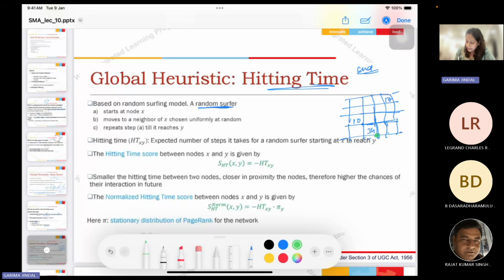Maybe at this junction I decide to go in the forward direction. At this junction I decide to go left. At this junction again I have to decide where I want to go, so maybe I go forward. At this junction again I'll decide on some direction, then here also, and then here again maybe I go left.